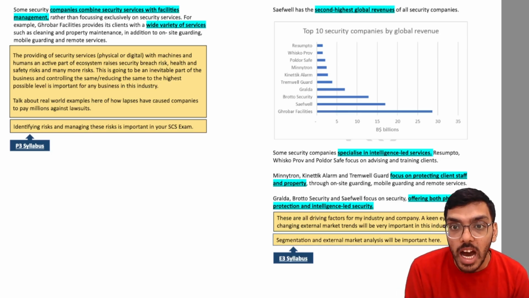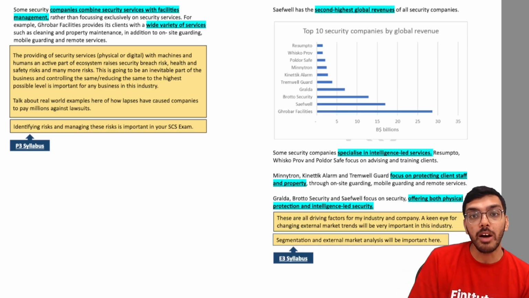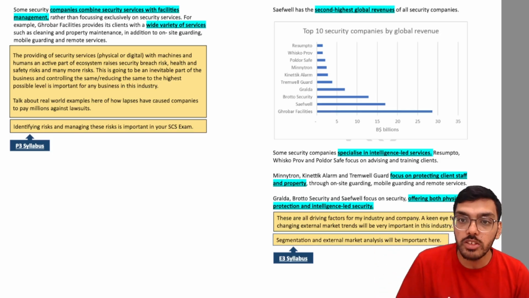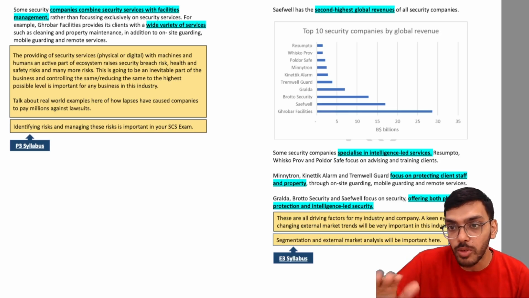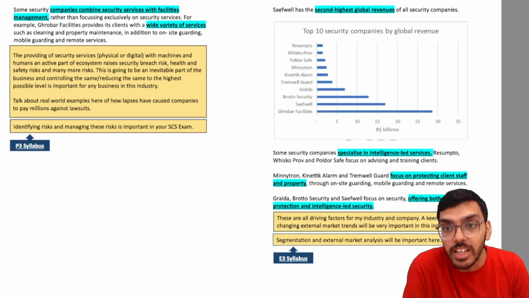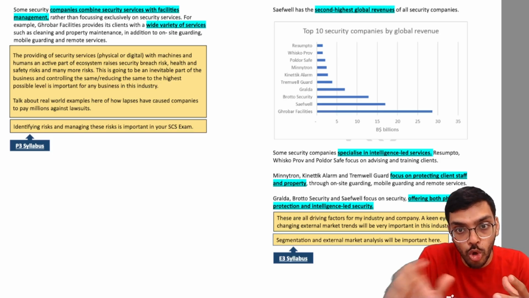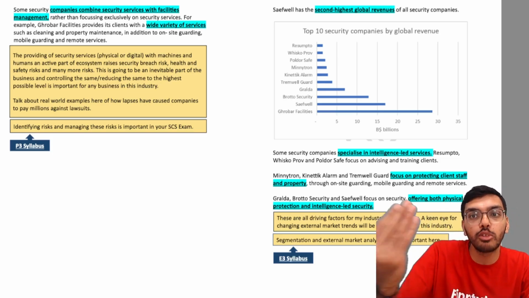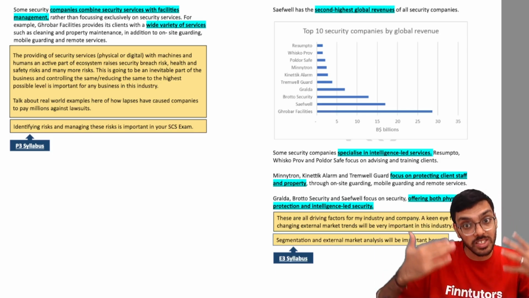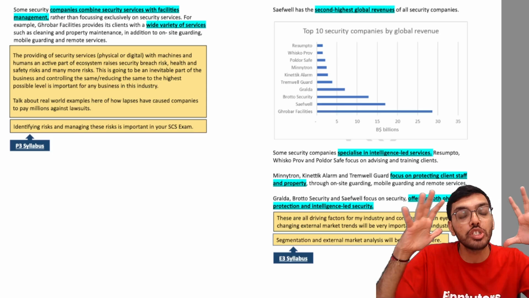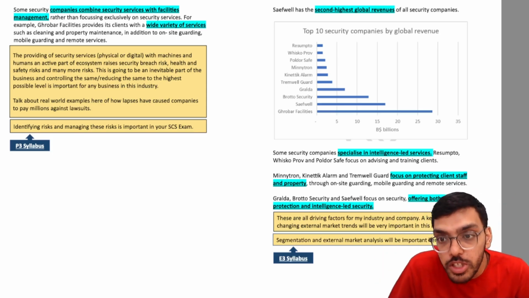It's a very large company. Above us, there is only one company, which is Grover Facilities, which is almost at 28-29 billion dollars. So Grover is almost 1.5 to 2 times larger than us, but second in the world is Saefwell. So you are pretty much in a strong dominant market position.